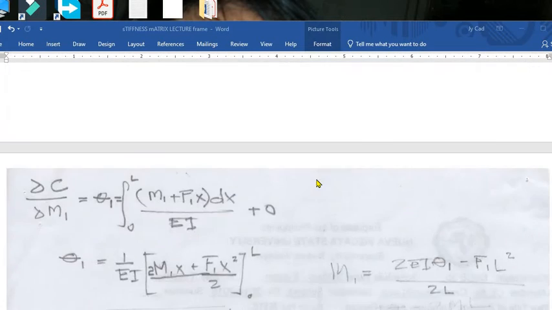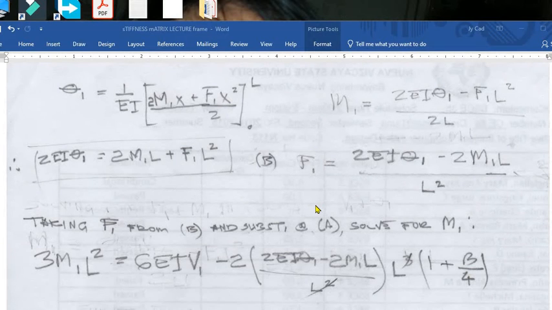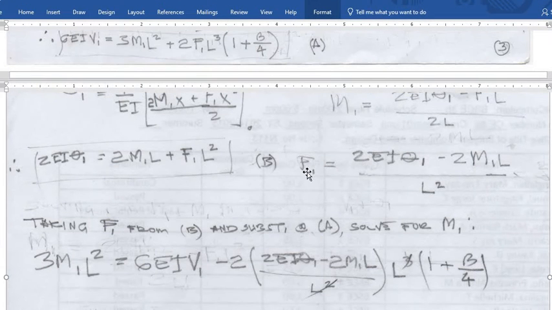Okay? And then, we solve for m1. Ayan. So, yung f1 kay equation A magiging 2ei theta 1 minus 2m1l all over l squared, which is this equation.